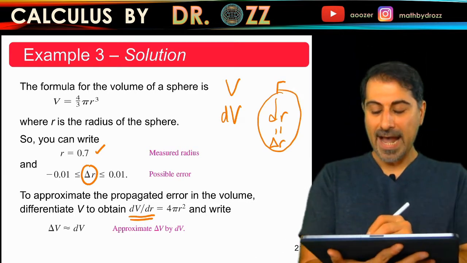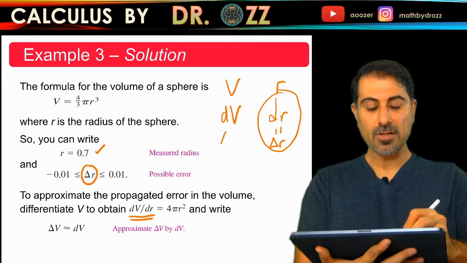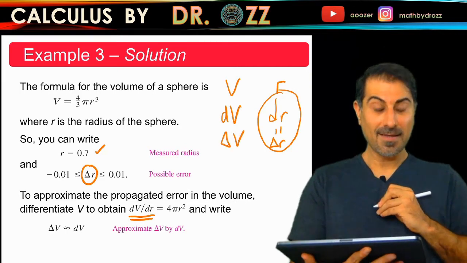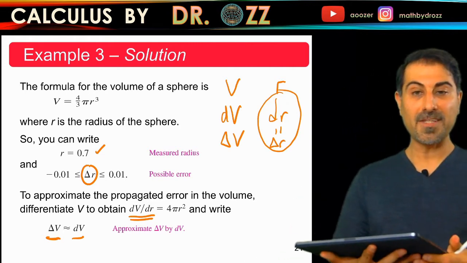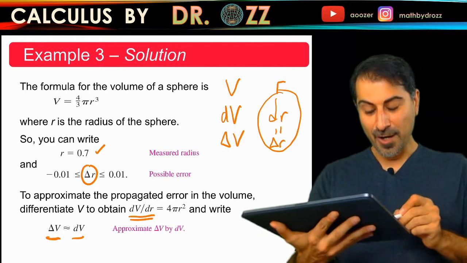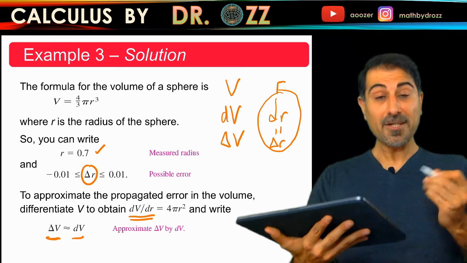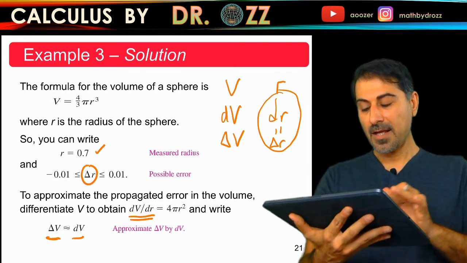The actual change in V is approximated by the differential of V, and we know how to write down the definition of the differential of V.